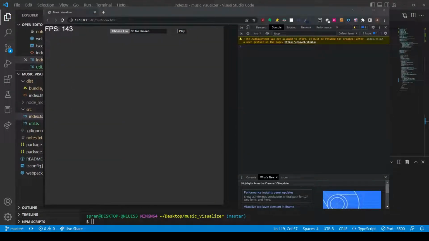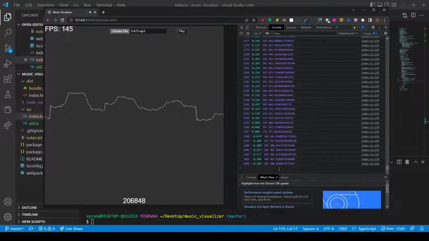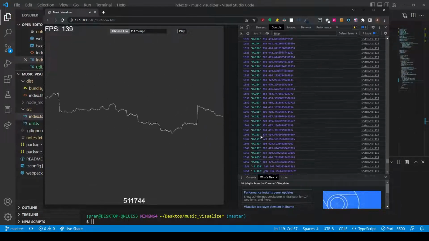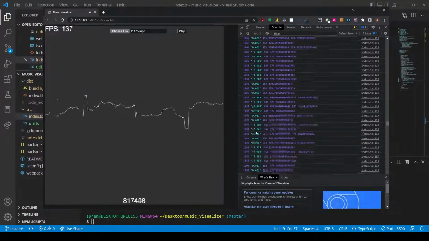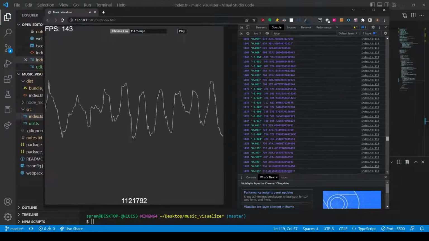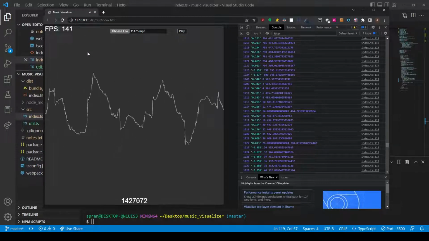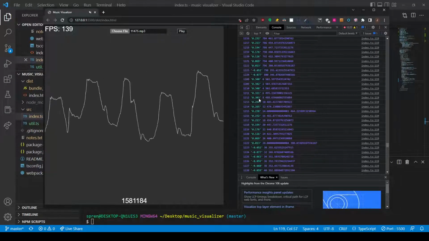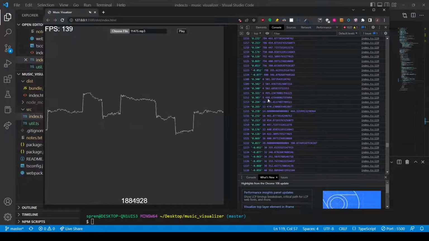Yeah, this might do it. So we've got like 0.3 here, and that maps to a Y value of 488.